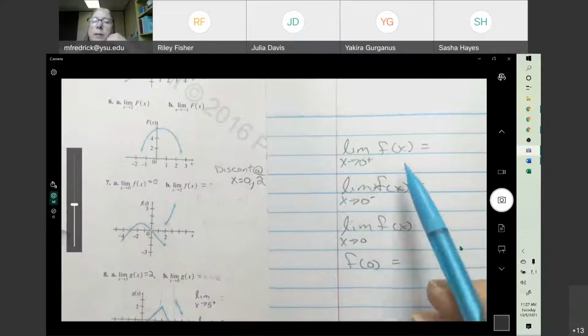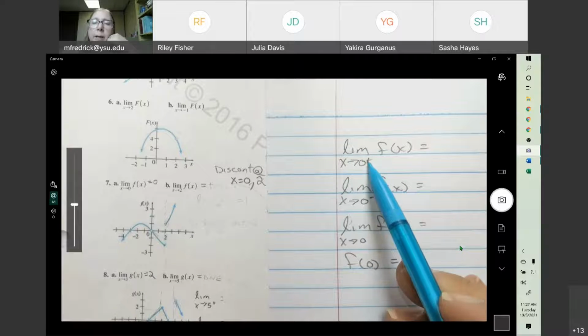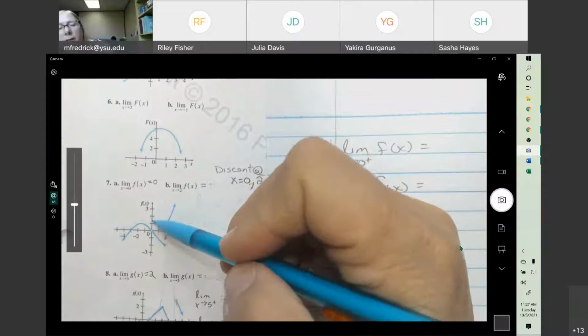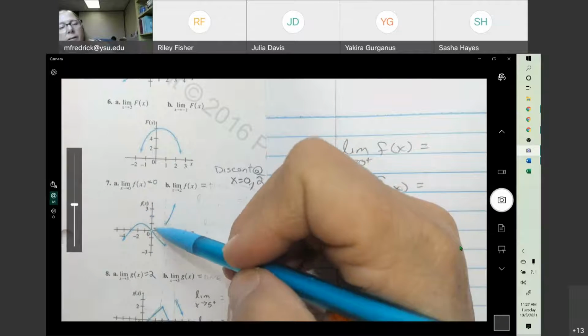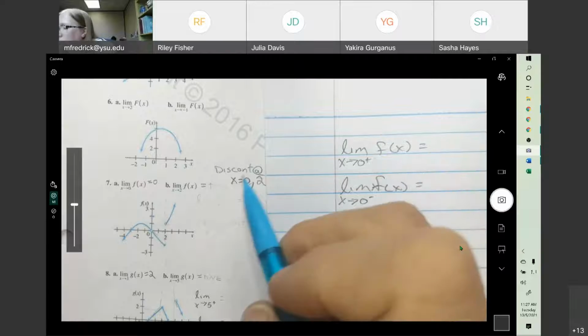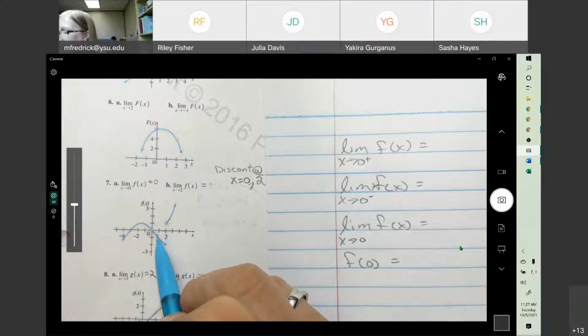Now, looking at the limit as x approaches 0 from the right. Look at this line, the axis. From the right means a little larger. So go a little bit larger than 0, and notice we're coming in here at the origin. So the y value is also 0.